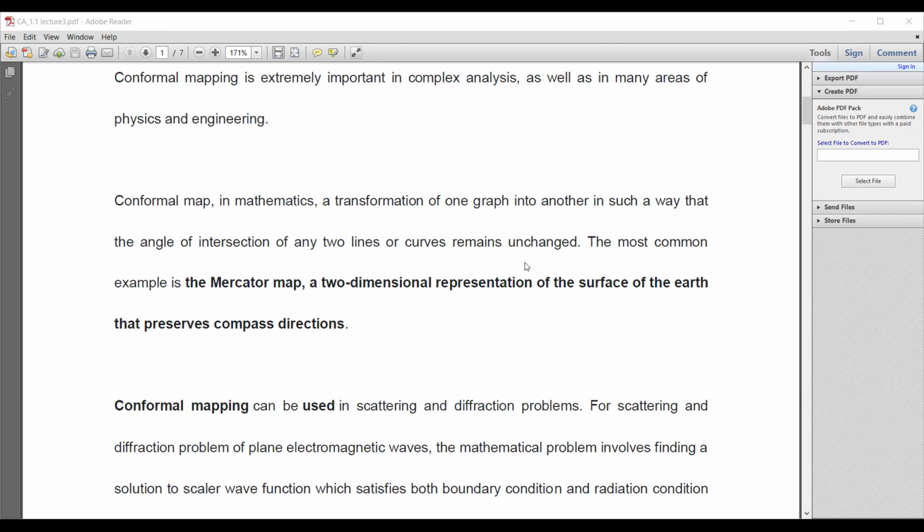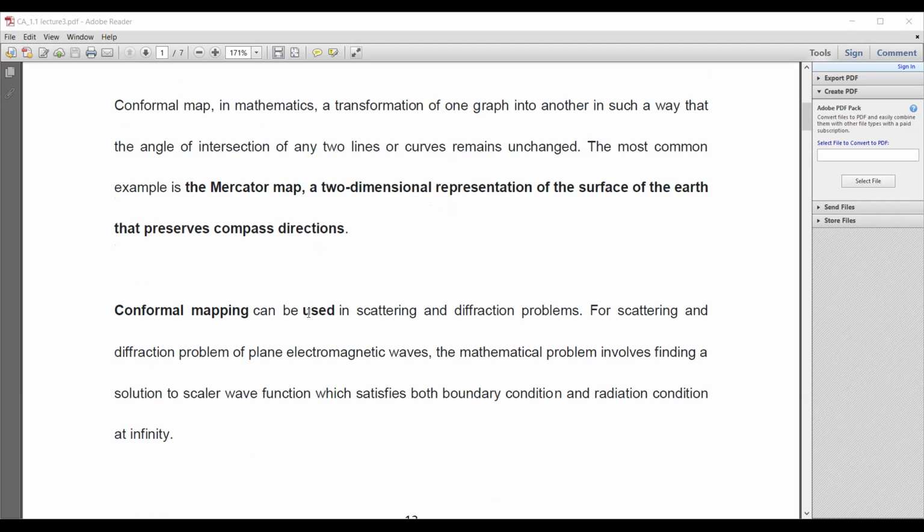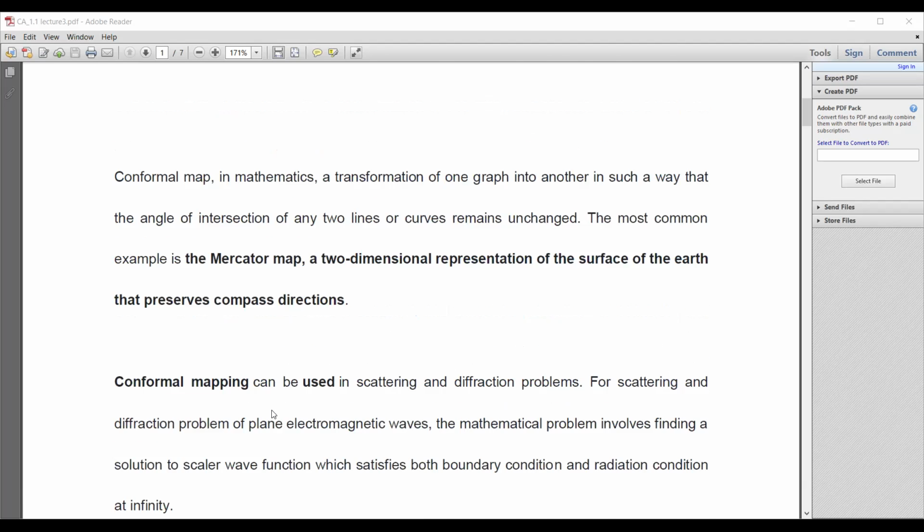The most common example is the Mercator map, a two-dimensional representation of the surface of Earth that preserves compass direction. Conformal mapping can be used in scattering and diffraction problems. For scattering and diffraction problems of plane electromagnetic waves, the mathematical problem involves finding a solution to a scalar wave function which satisfies both boundary condition and radiation condition at infinity.